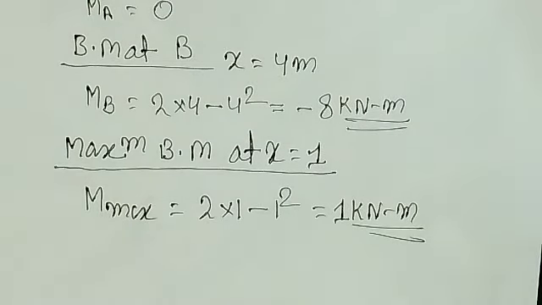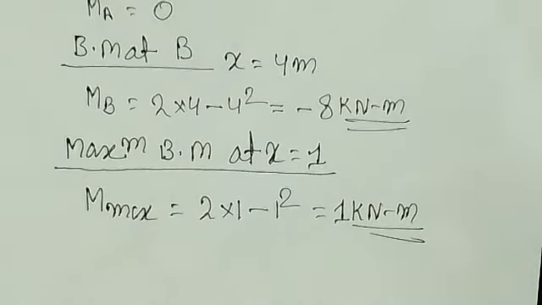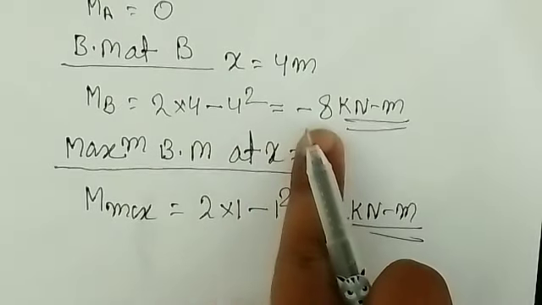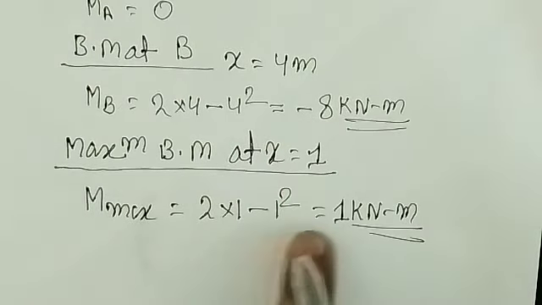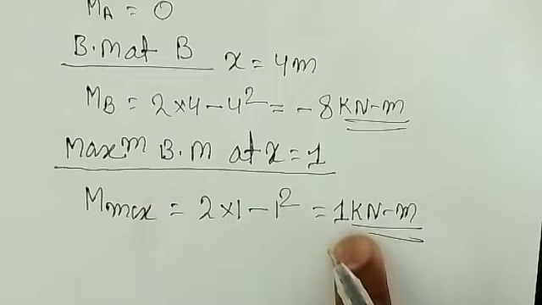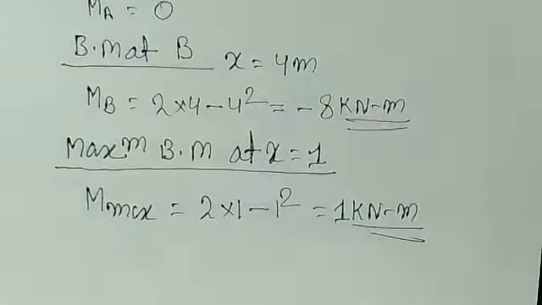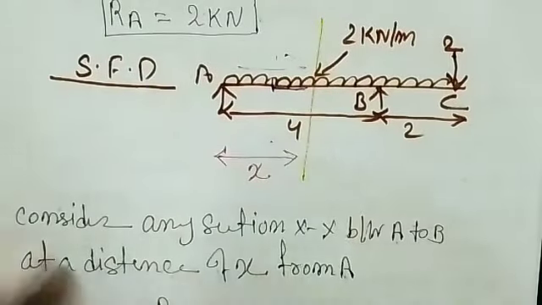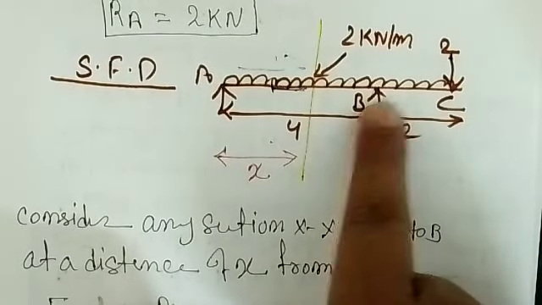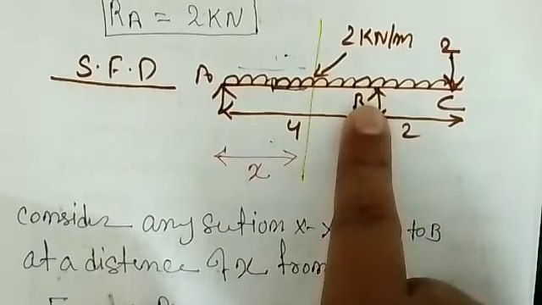So this is what you got: the bending moment at A, B and the maximum bending moment. Let's say this is any point D you can consider, right? Now you can observe very carefully that at B the bending moment is negative and between A to B the bending moment is 1. Here it is 4, so here you are getting the bending moment as minus 8.